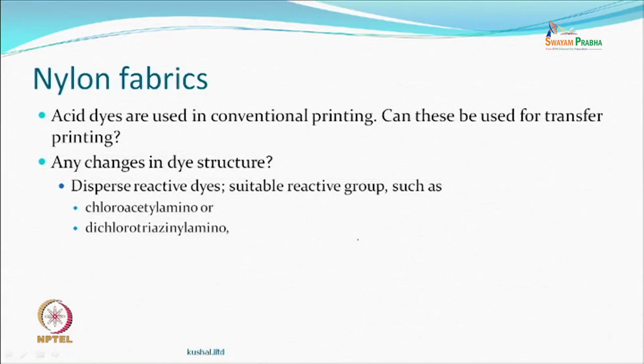So, there is a class of dye which has been generated called disperse reactive. Obviously you can understand, you did not want this type of dye for polyester. What will you do with this, right? The disperse dye on polyester is anyway nice.